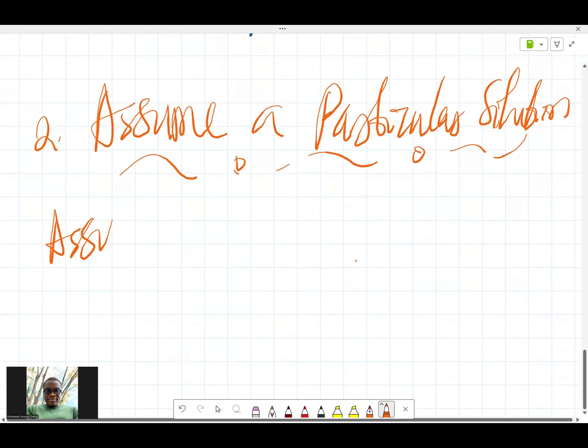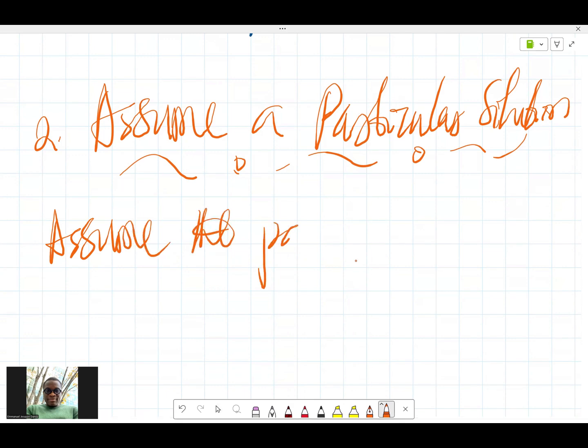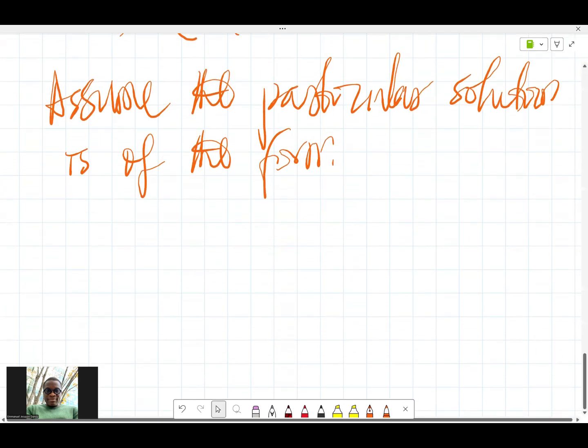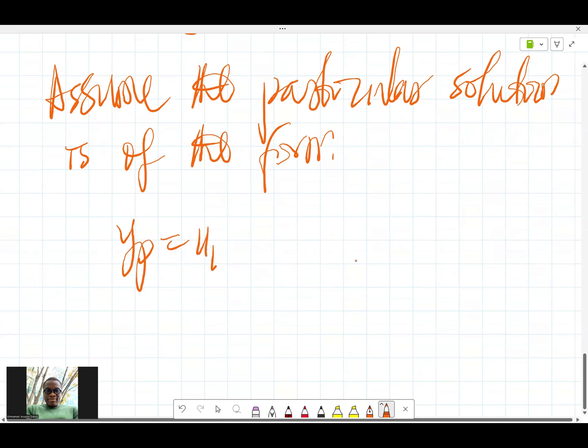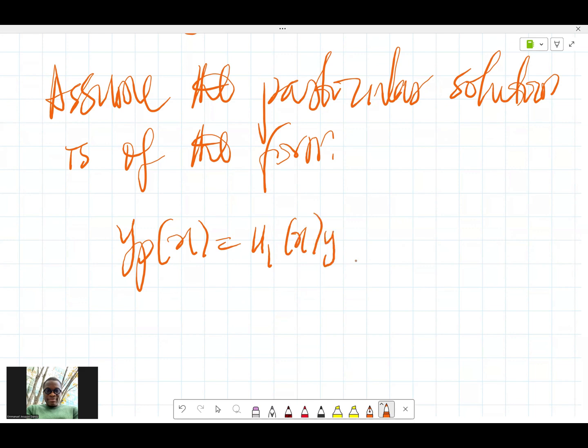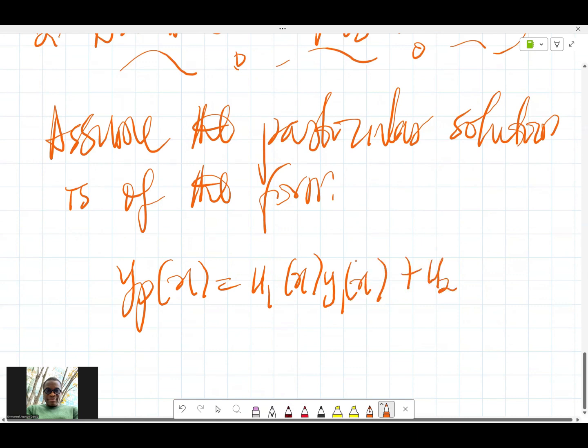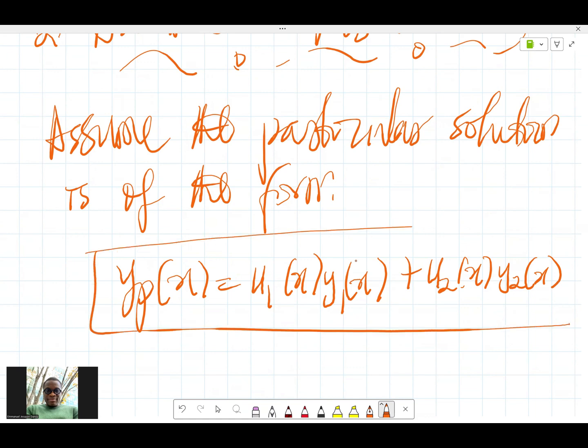You assume the particular solution is of the form yp of x equals u1 of x y1 of x plus u2 of x y2 of x, where y1 is what you would have got up there.